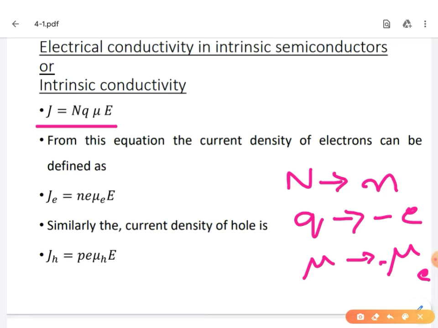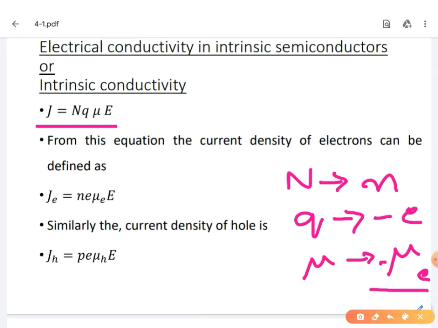Why are we taking a negative sign here for the mobility of electrons? Mu suffix e denotes the mobility of electrons, because in the diagram we clearly identified that the electron's motion is always opposite to the field direction. So that's why we are taking a negative sign here for the mobility of electrons.